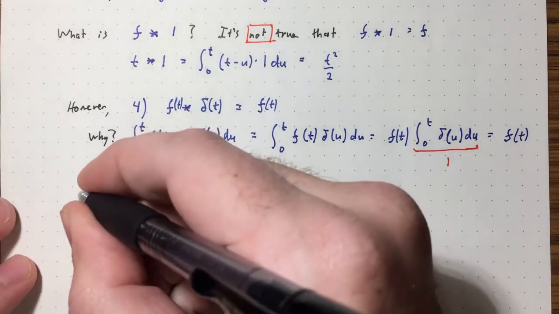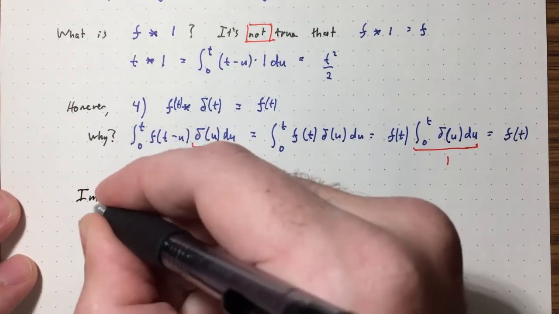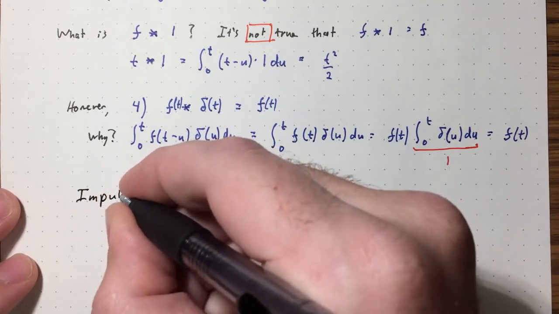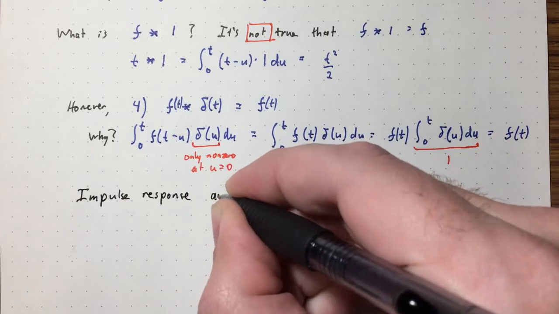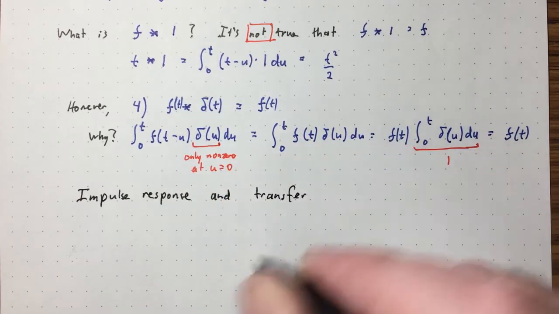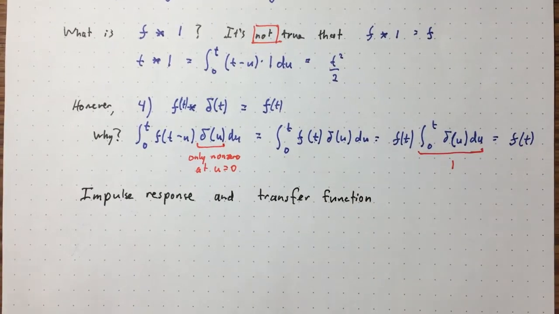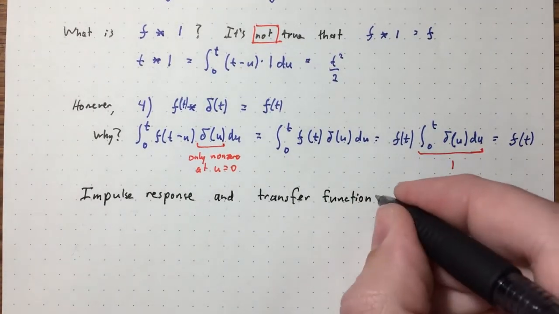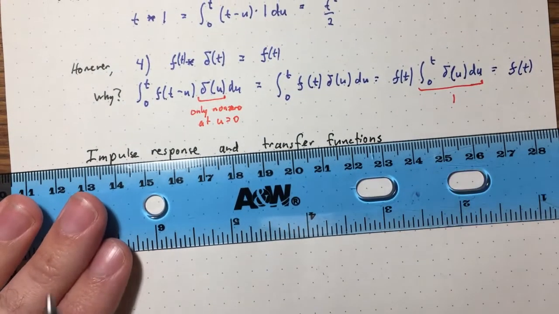So we're going to introduce the idea of impulse response and the transfer function. You might have heard of this concept before, especially if you've taken some engineering courses, so transfer functions.